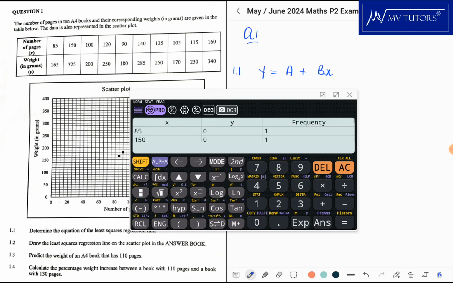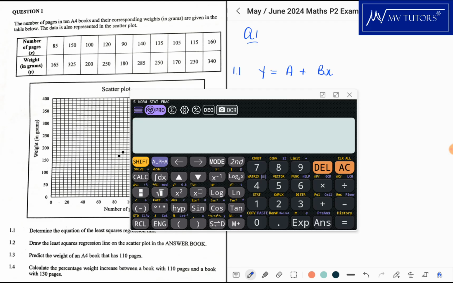Okay, we're going to go over to the y and then put in the information there that's valid. 165, 325, 200, 250, 180, 285, 250, 170, 230, and 340. Okay, so that is our information there, and you can just ignore the frequency column.